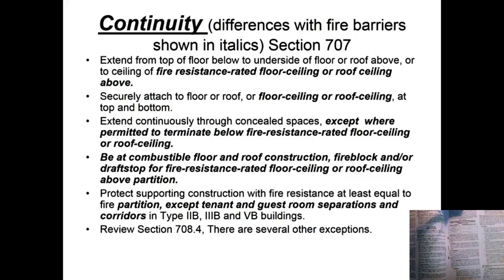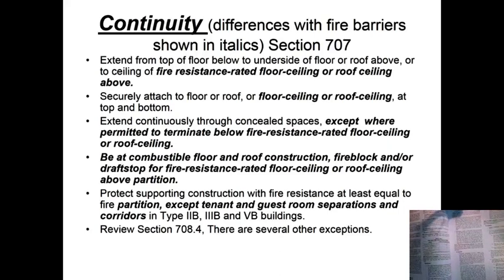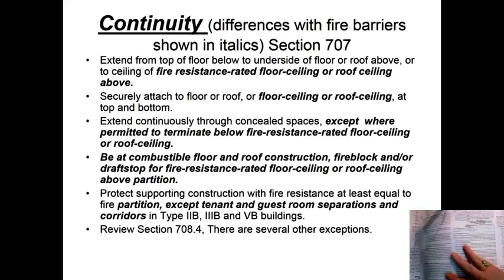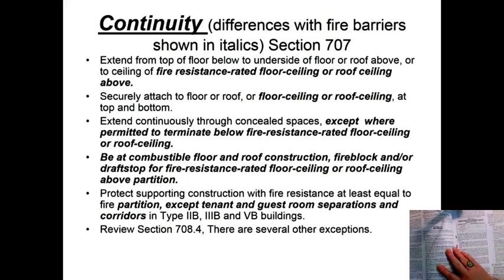You kind of have to have an understanding of those, because they're very similar, of course, to fire partitions and what I refer to as fire walls, which you see in section 706, fire walls. So I want you to understand a little bit about the differences between those.